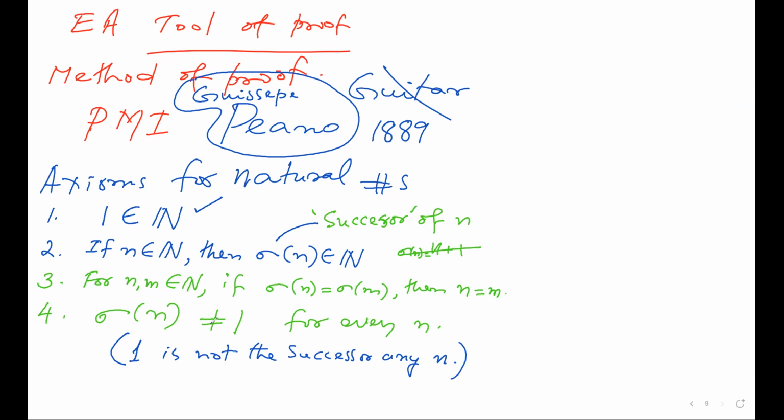Yes, sir. It is trying to say that one is the first thing. It is not the successor of anything. Not done yet. And here comes probably the second most famous theorem in the world of mathematics.